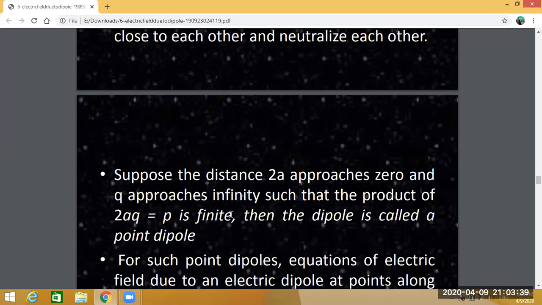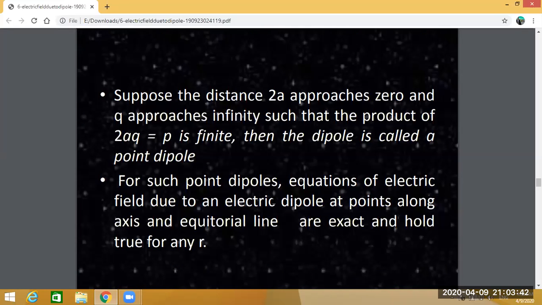Next, for such a point dipole, the equations of electric field due to an electric dipole at a point along the axis or axial line and equatorial line are exact and hold true for any distance.